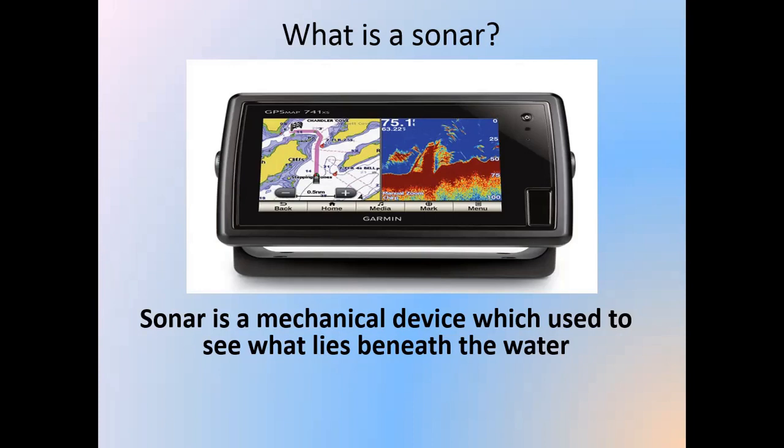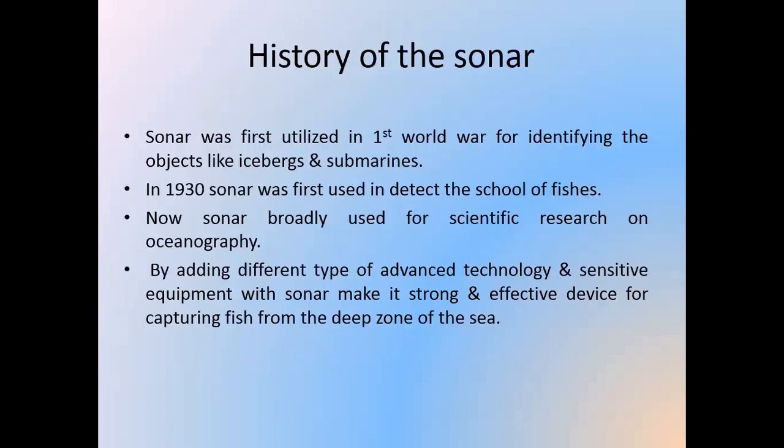Navigation can also be defined as submarine navigation, and ranging signifies the distance between the device and the object. So you can call sonar a device used to detect the objects under the water by sending sound waves or echo.